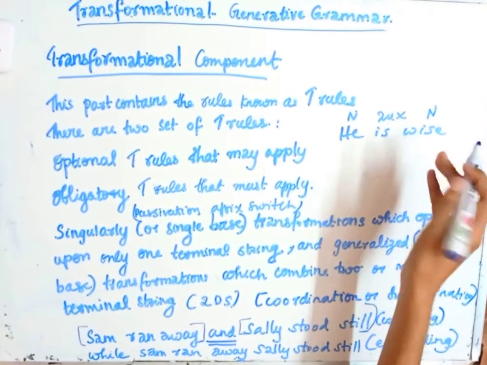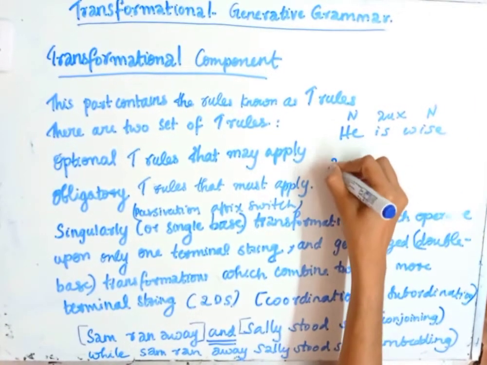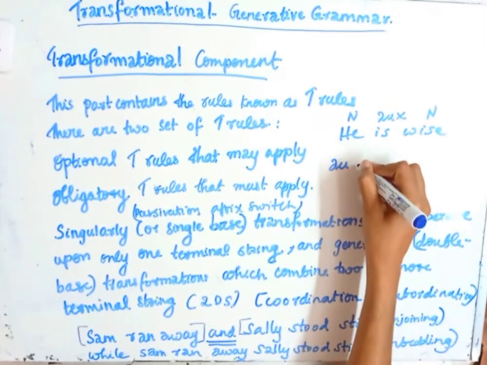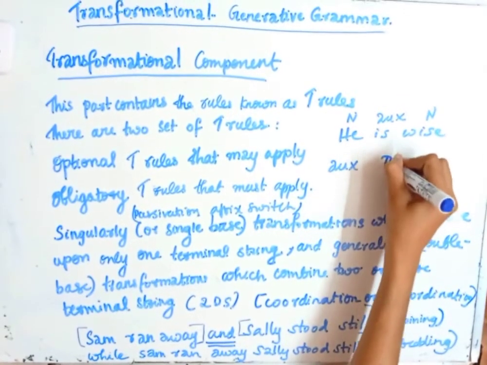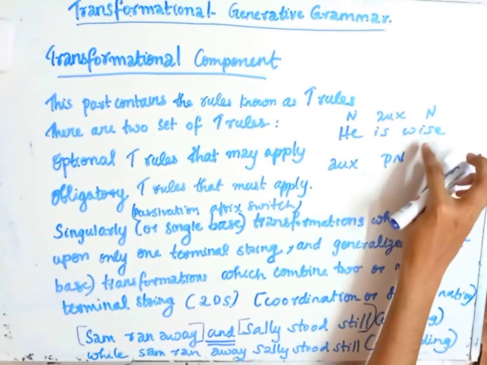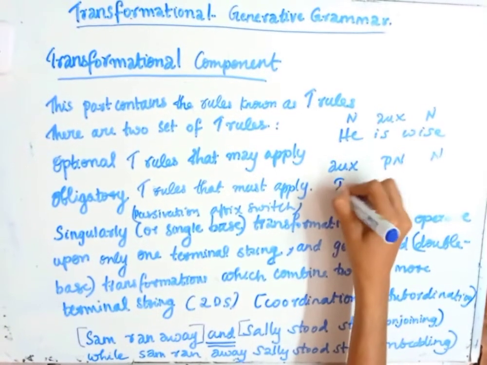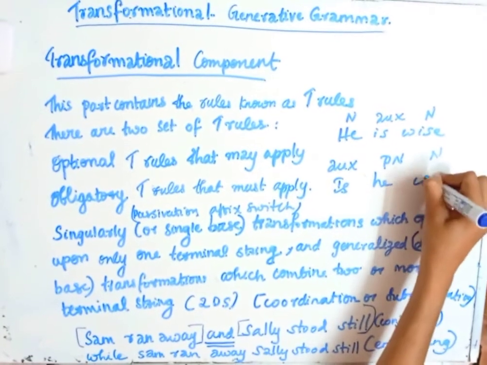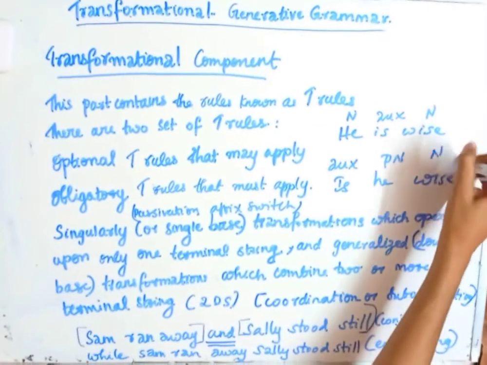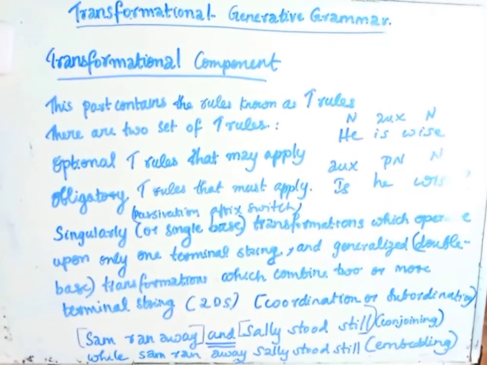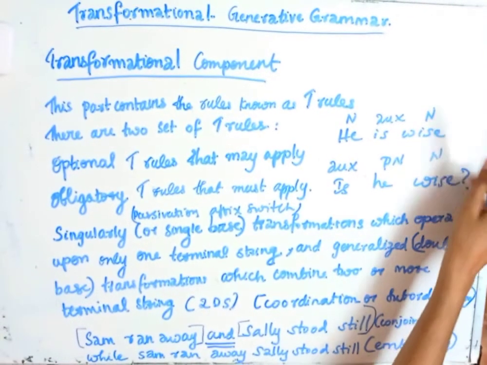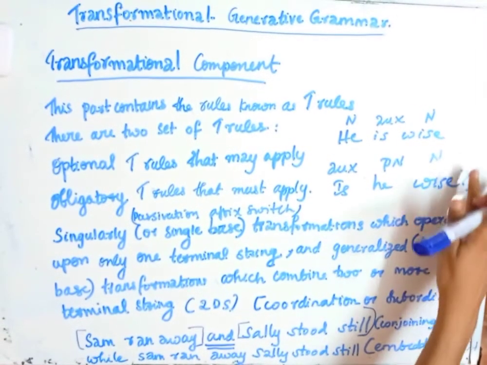He is wise. So what you do is that you bring the auxiliary first, then you bring the pronoun, and then you bring the noun. Is he wise? So here it operates just on one string, right?